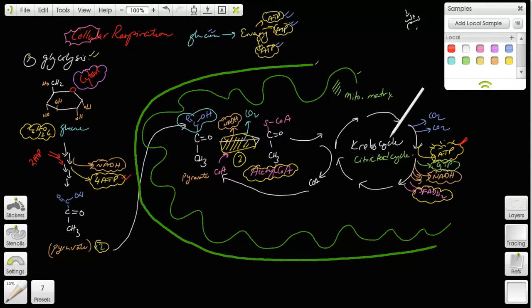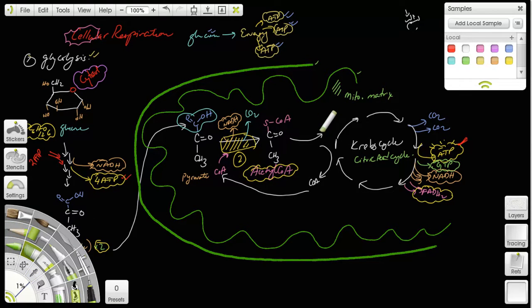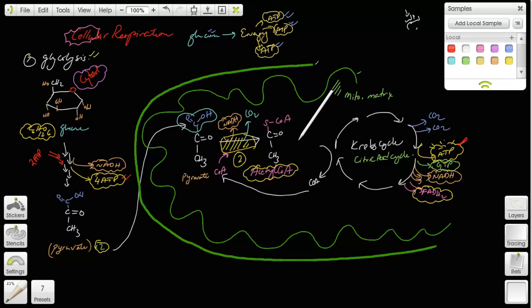So it's released back. Okay, so now this molecule is going to enter the Krebs cycle like this, and coenzyme A is going to be regenerated over here, so it can keep cycling like this.